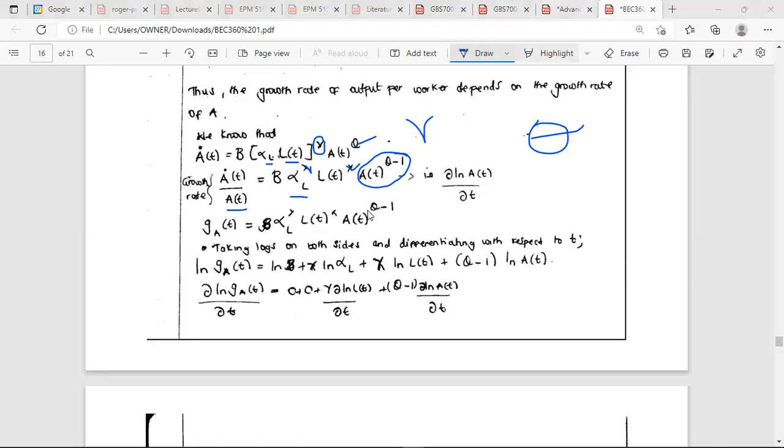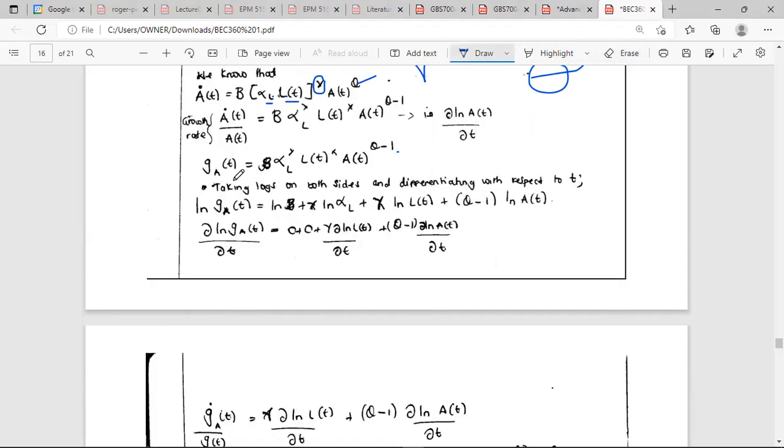Let me erase this so that you can see properly. So upon obtaining this equation down below, what we now need to do is take the logs of this, and we take the log of every one of these. If you would ask me, what are we trying to achieve?